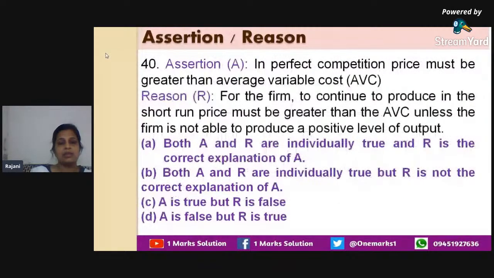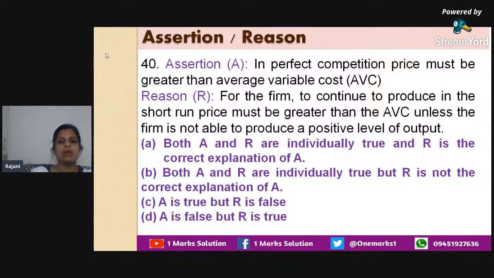Coming to the next one, in perfect competition, price must be greater than the average variable cost. And the reason is, for the firm to continue to produce in the short run, variable cost is very much relevant. So for the firm to continue to produce in the short run, price must be greater than the AVC, unless the firm is not able to produce a positive level of output.